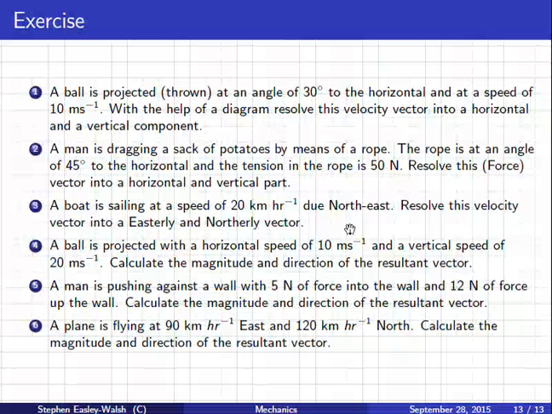So the answer is, the vector is 7.5 kilometers per hour to the east and 13 kilometers per hour to the north. Oh yes, I shouldn't have that word north in there.